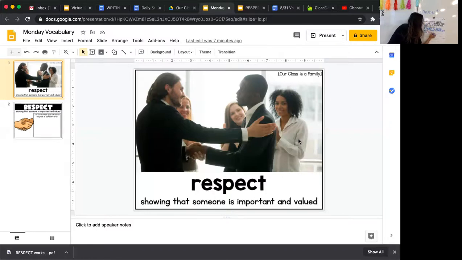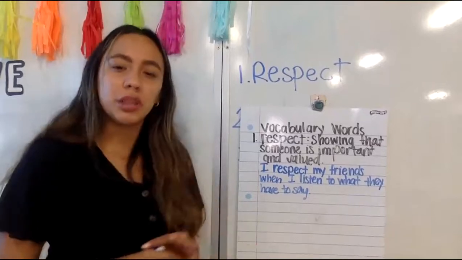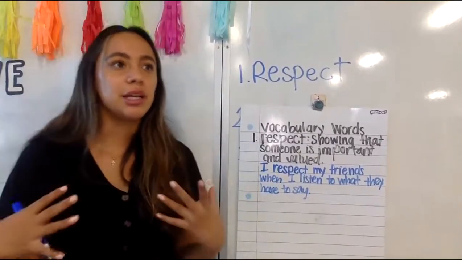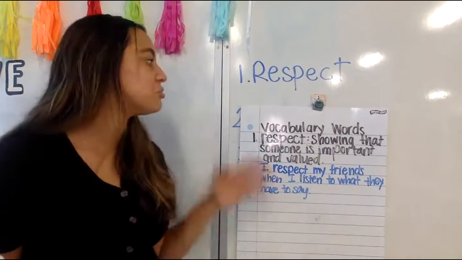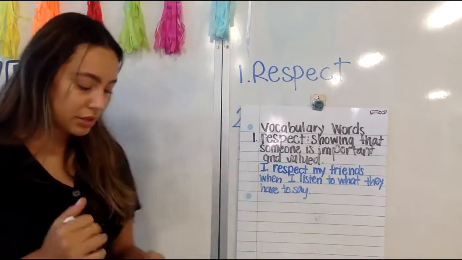Or I could also put, I respect my friends when I consider how they feel, right? When you think about how someone feels, I'm going to stop sharing this really quick. When you think about how someone feels and you take that into consideration with what you do and what you say, that means you respect them, right?